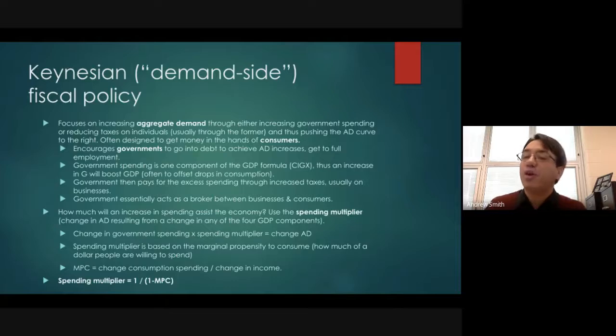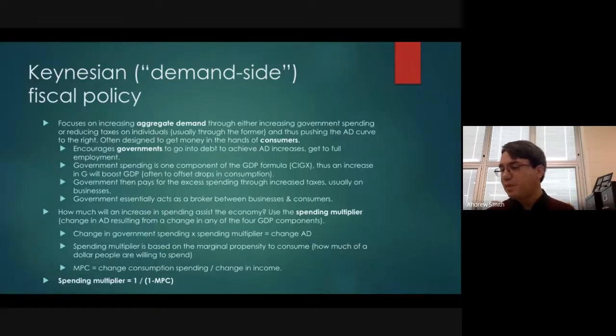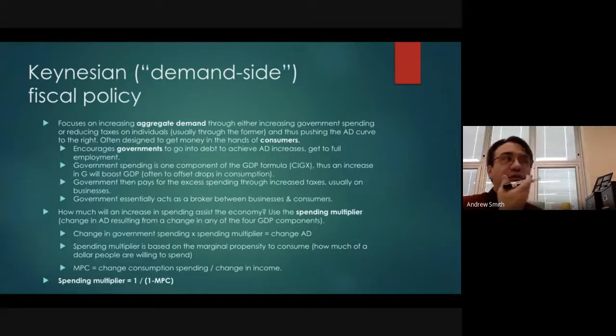Keynes believed in what we call the marginal propensity to consume: out of every dollar people have, how much of that are they going to save and how much of that are they going to spend? Okay, and so if the marginal propensity to consume, and this is a decimal here, is 60%, people are going to spend 60% of a dollar.